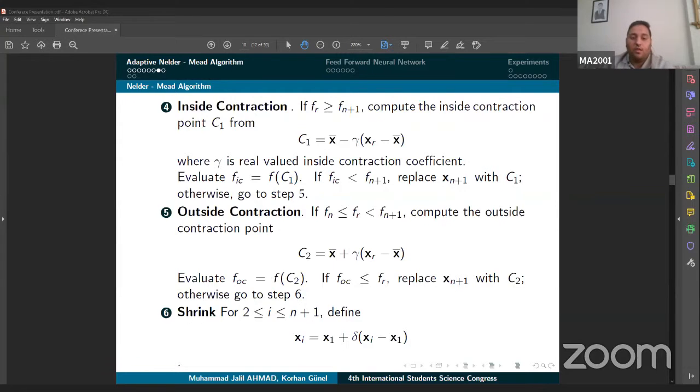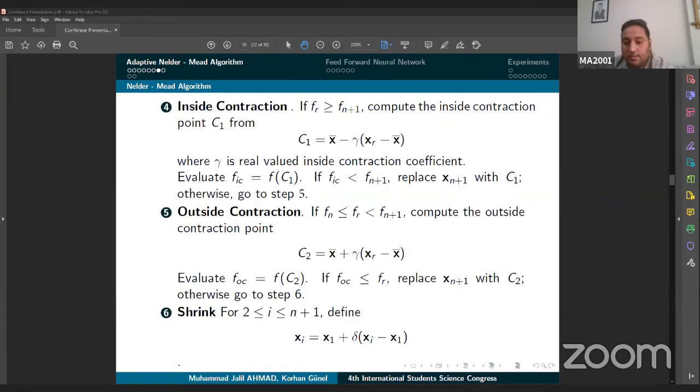Step number 5 is the outside contraction, and in this step we define a C2 point using this equation, and again we will calculate the value of our function at this point.